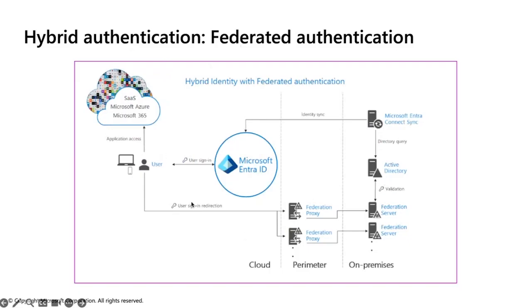Once the user is authenticated, it provides a token to Entra ID saying that I am authenticated, and then Entra ID will authorize your account to access the resources. In this situation, Entra ID does not have any password here, but every time it redirects the authentication request to the on-prem Active Directory system. The federation server works in between to authorize the user.